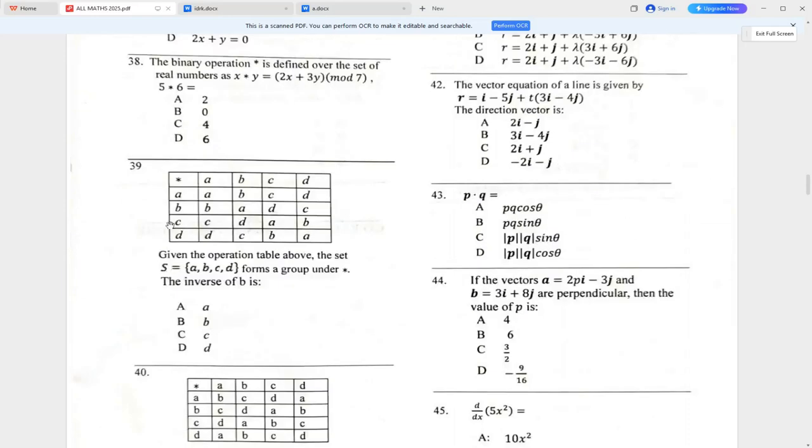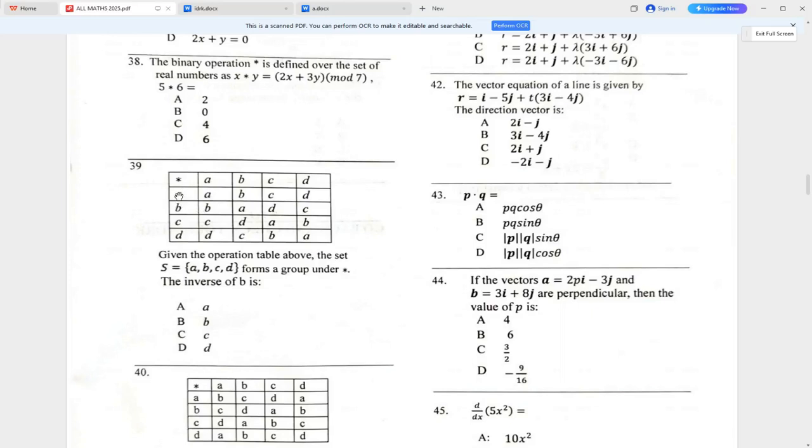Now question 39, given the operation table above, the set S with elements A, B, C, D forms a group under star. The inverse of B is. Now to find the inverse of B, you have to start by finding the identity element. The identity element is an element which, when operated with any other element on the table, the element remains the same.